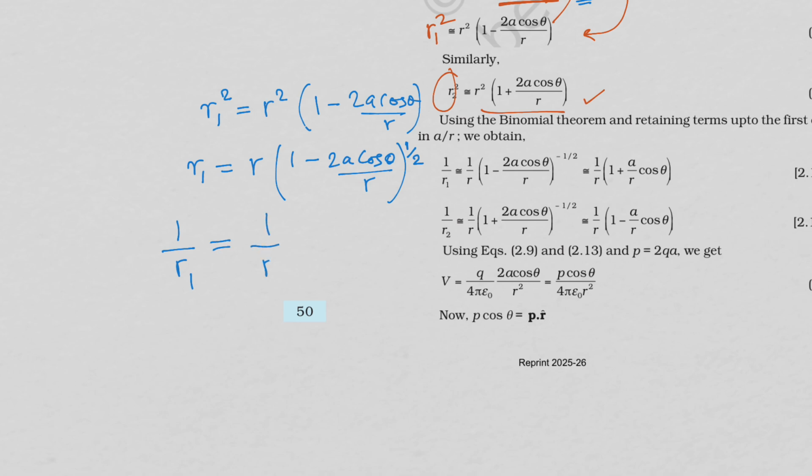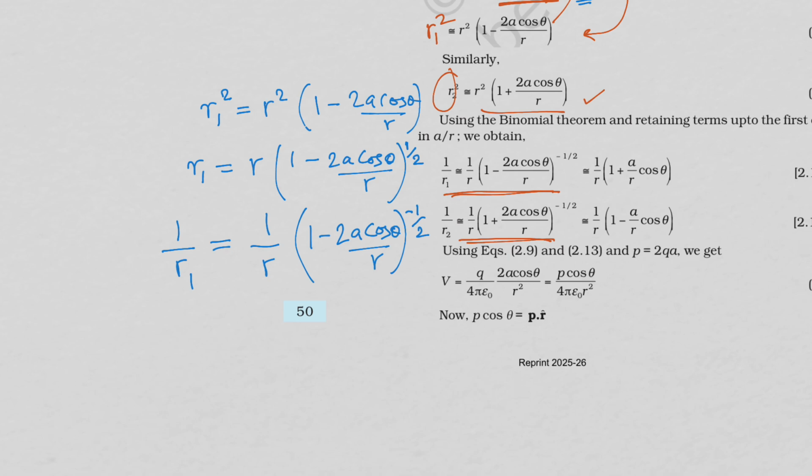So it will become 1 by r times 1 minus 2a cos theta by r, and the power 1 by 2 will become minus 1 by 2. And that you can see here what NCERT has done. So till this point we are clear.